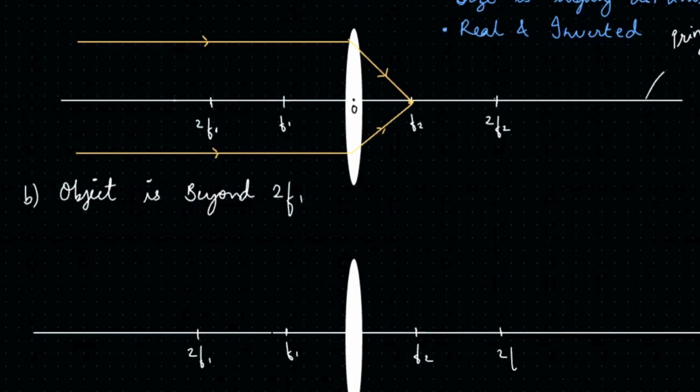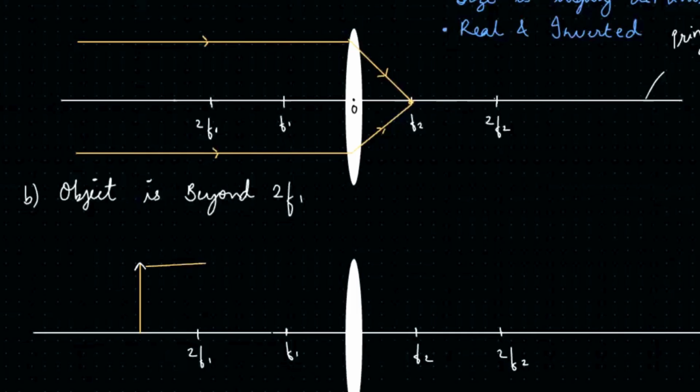Now if we consider an object beyond, so sorry, let's assume there's an object which is here, and this is, first of all, first ray is parallel to the principal axis.